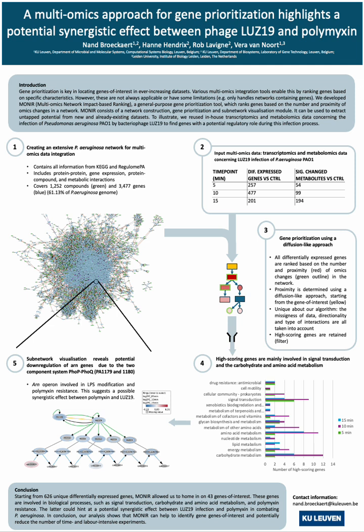Next, we use both our input data and the network to rank all those differentially expressed genes. And that's covered in box 3. So all differentially expressed genes are ranked based on the number and the proximity of omics changes in the network. To help you better understand what I mean by proximity, I have created a small network next to this box.